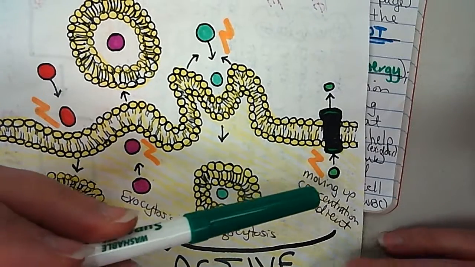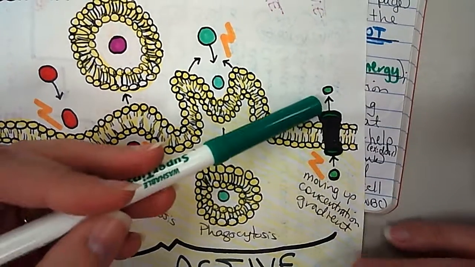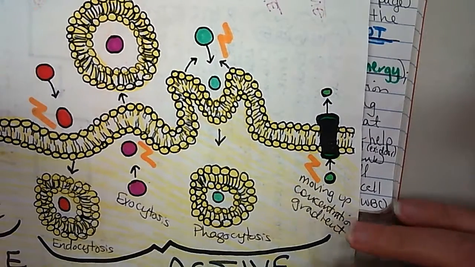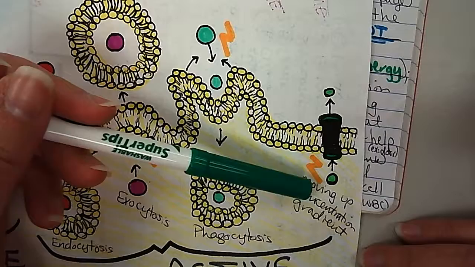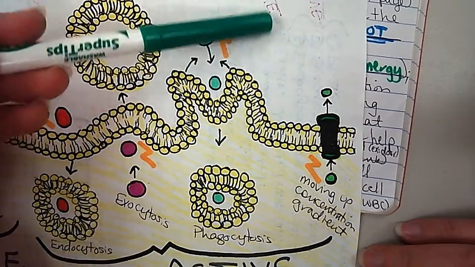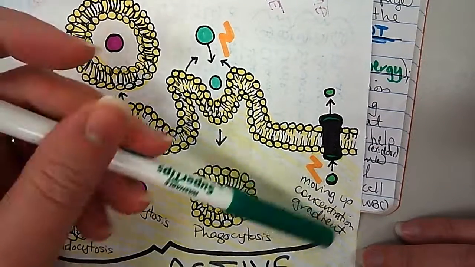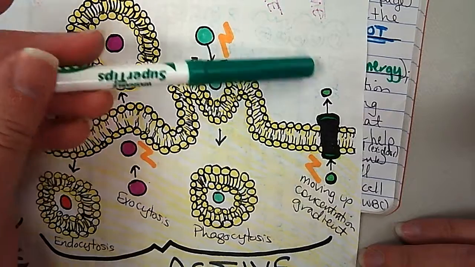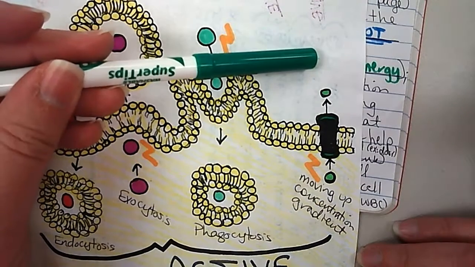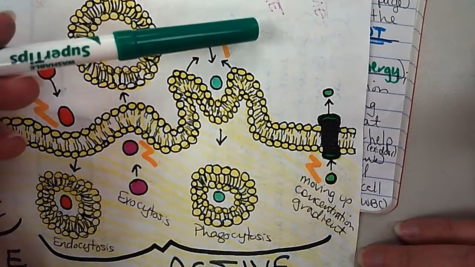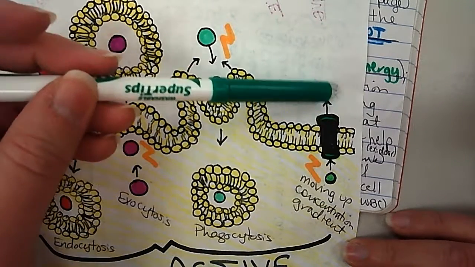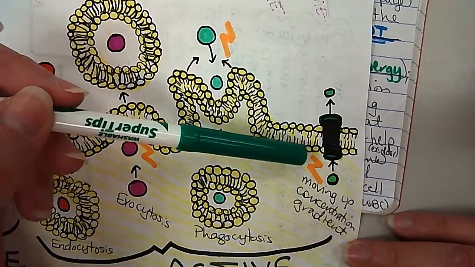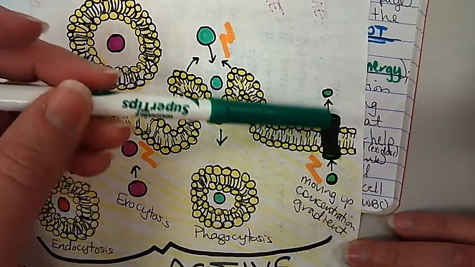And then the last one right here is active because, if you'll remember your concentration gradient over here on the far left side, this molecule is in high concentration on this outside part of the cell, in low concentration right here, but for some reason it's being made to go into that crowded elevator. It's being made to go up the concentration gradient. So this molecule moving up the concentration gradient requires energy, and this is called a protein pump.